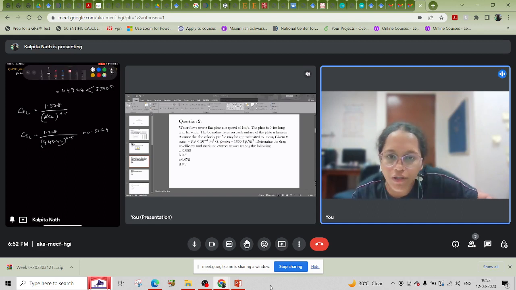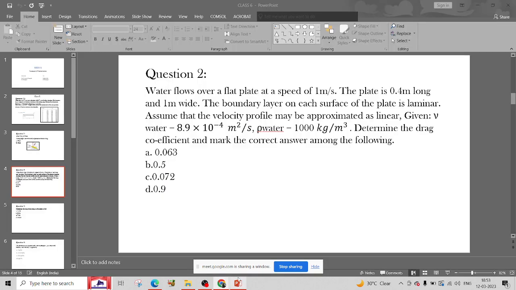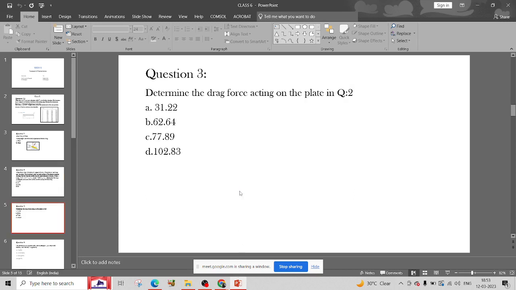So the drag coefficient for laminar flow is 0.6264. This is option A. Next we determine the drag force. The drag force is 0.6264 into half into 1000 into 1 squared. So this comes out to be 62.64 Newton. This is option B, right?